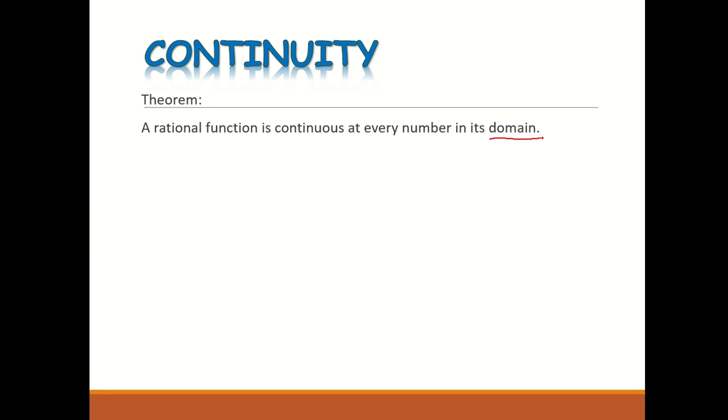For example, if you have x minus 4 in the denominator, it means that the domain is all real numbers except 4, the value of x that makes the denominator equal to 0.